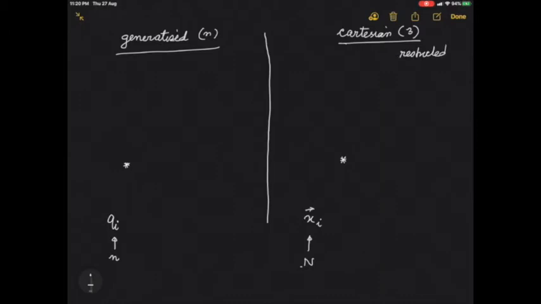The motion here is a restricted motion because it is the original Cartesian coordinate system, so I don't have the constraints imposed already. So anything I draw on the right hand side has to follow all the constraints that I have. Here on the left hand side, because I am working in generalized coordinates, the motions are not restricted.